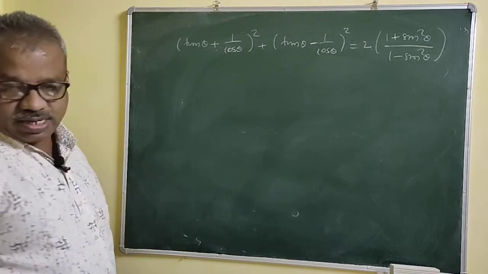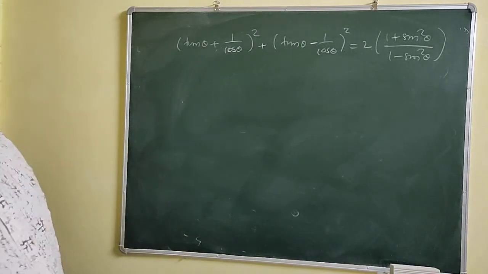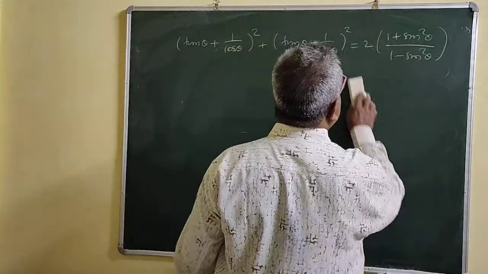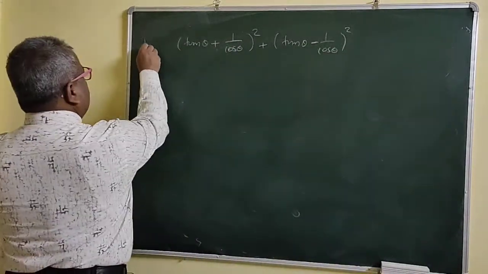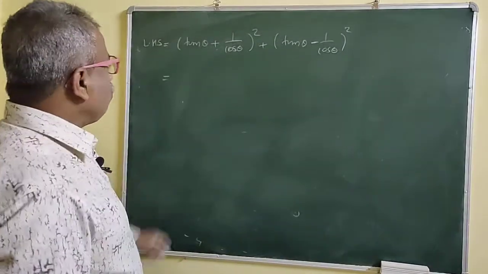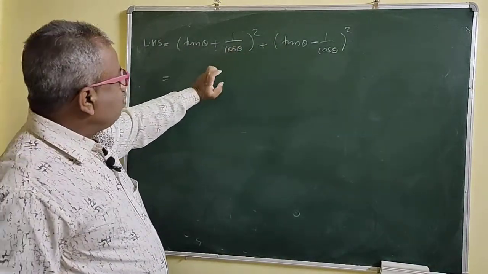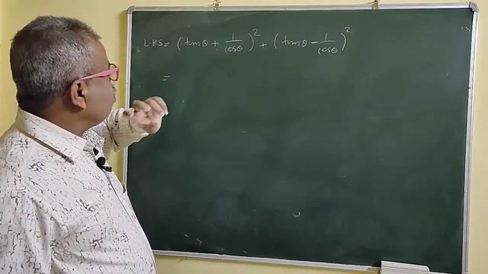Okay, so we'll take the LHS, right, and we'll prove the RHS. So take LHS. So LHS is equal to, so what we'll do, we'll write 1 upon cos theta as sec theta, and if you take the square of that, see what we'll get.